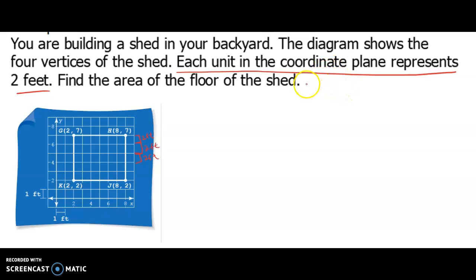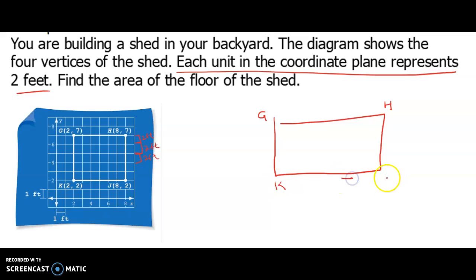All right, so like I've told you before, I'm very, very scatterbrained, so I have to take stuff out. Like this is too busy here. Okay, so I'm going to go ahead and label this G, H, K, and J. All right, so if I just count this, 1, 2, 3, 4, 5, 6, this would be 6 units.